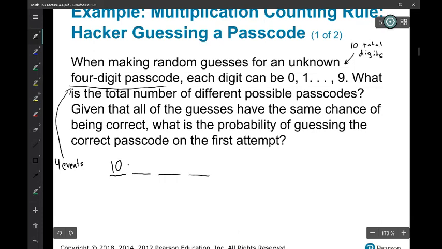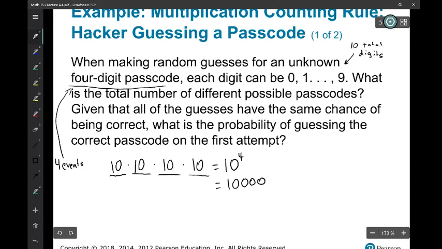So the numbers can be repeated. That's a key idea here. So the next number, there's 10 possibilities. The next digit, 10 possibilities. The next digit, 10 possibilities. And this is 10 to the 4th, which is 10,000.